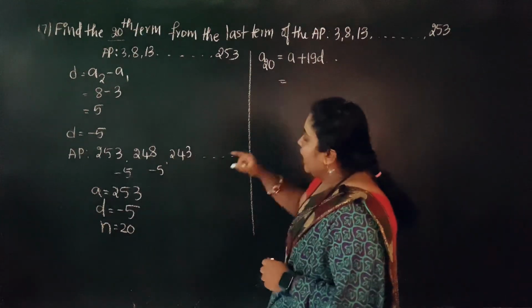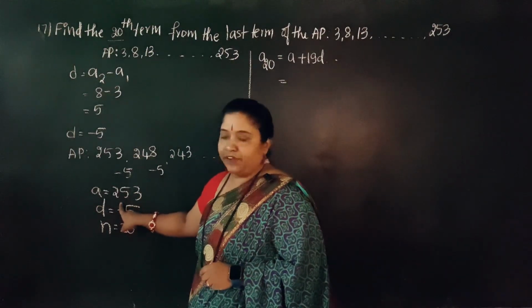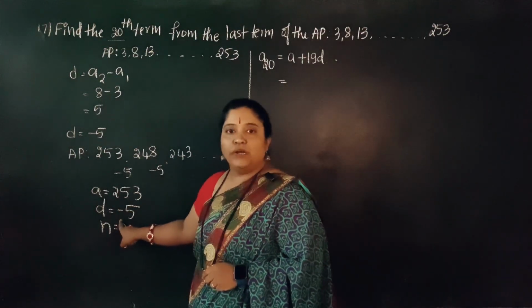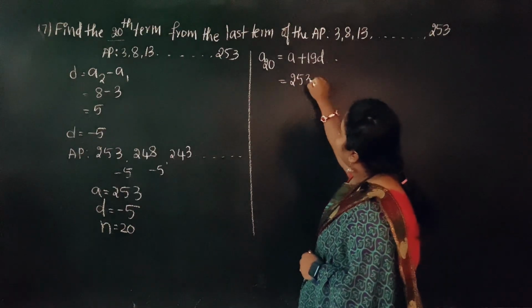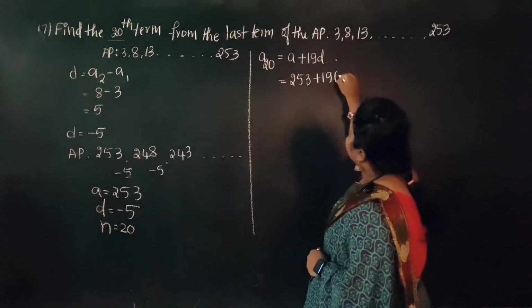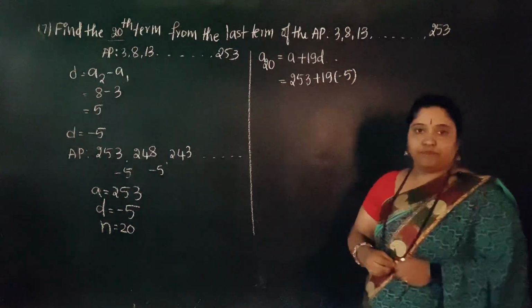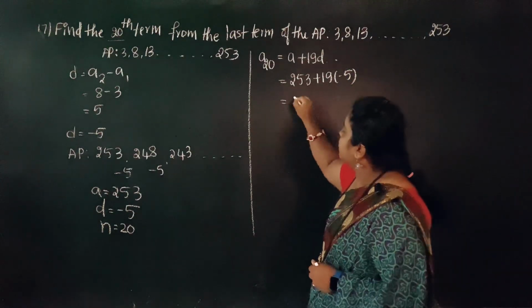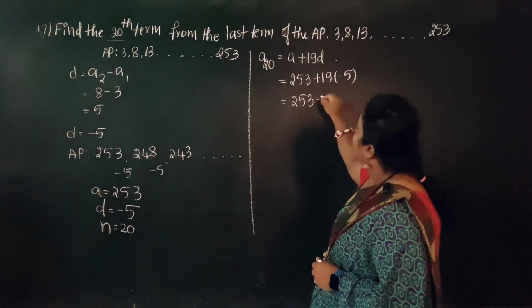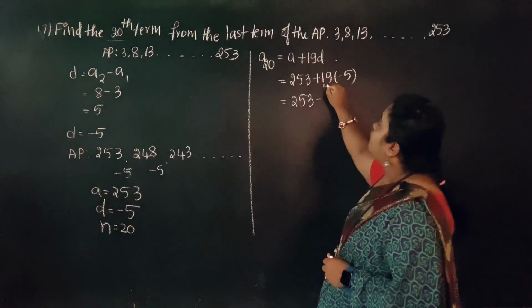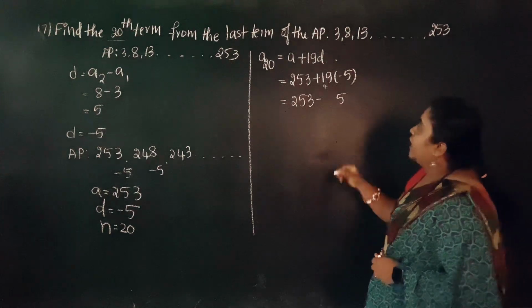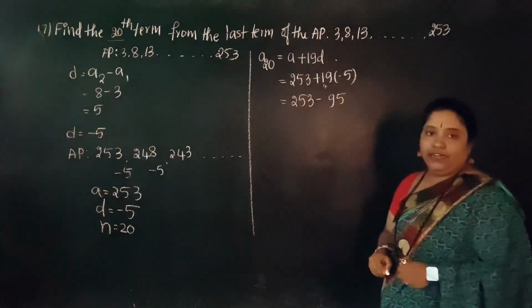Where in this case A is equal to how much? 253 and D is equal to how much? Minus 5. Understanding? You just see here 253 plus 19 into minus 5. Okay. Now just see here, 253 minus, into plus minus, 5 nines are 45, 4 carry, 5 ones are 5 plus 4, 9, 95.